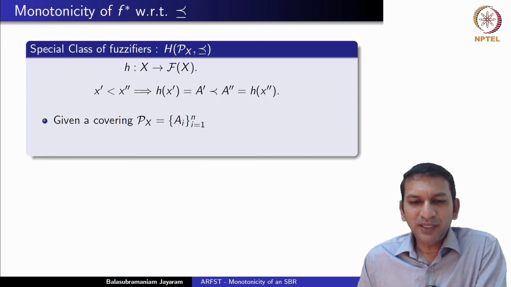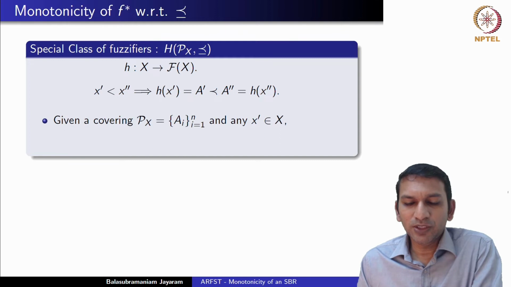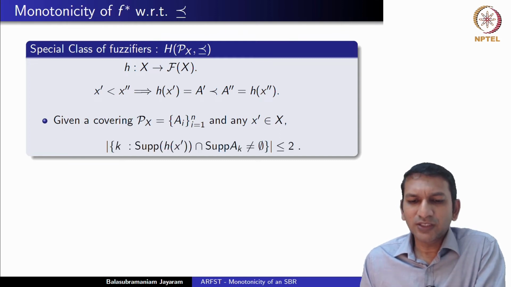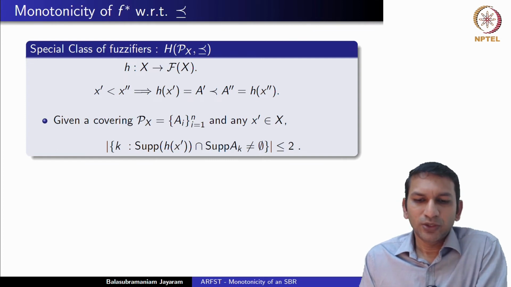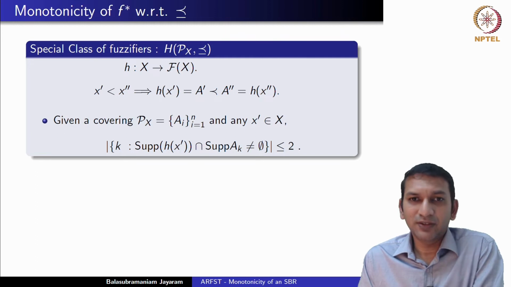And if this Px is a covering that is given to us, let it consist of n such fuzzy sets, we say that this H with respect to this Px also satisfies another property. So take an x dash and construct its fuzzified set a dash.